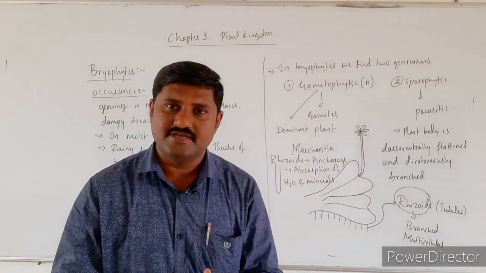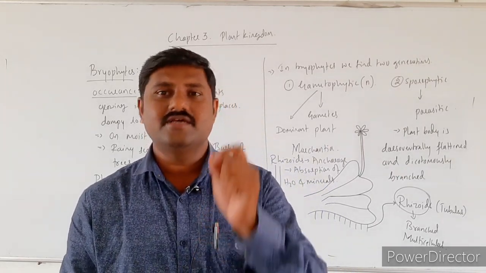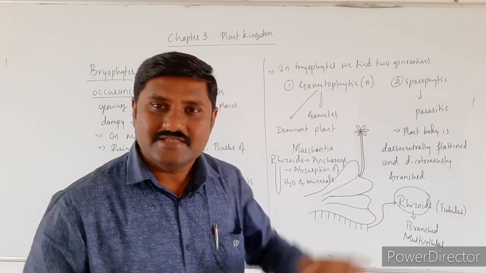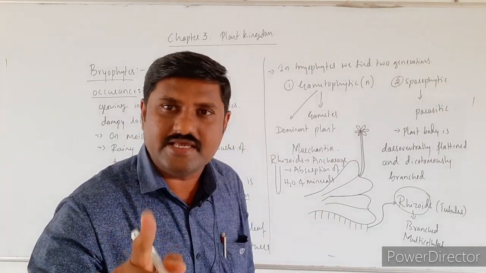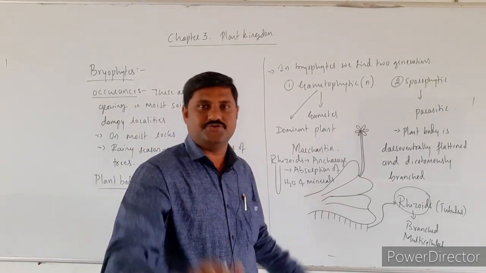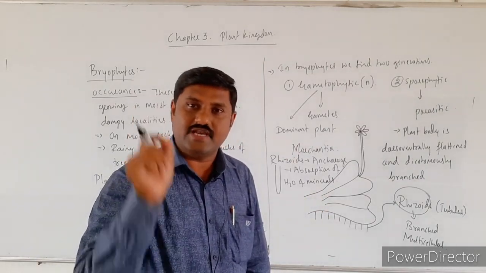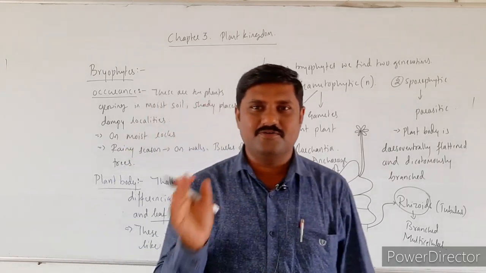Then what is it doing? It is doing the same job which is done by the roots. That's why these are root-like structures, but these are not real roots. Why is that? Because they do not have any conducting tissues or vascular tissues like xylem and phloem.